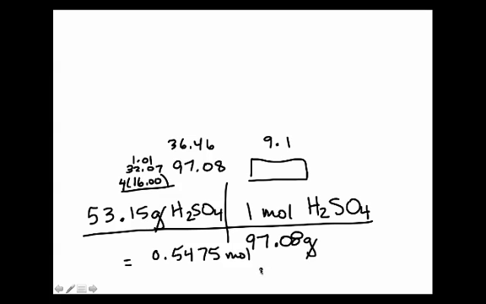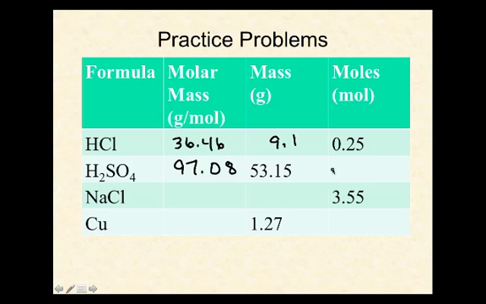We said it should be less than 1 mole, right? And it's almost half, because 50 is almost half of 97. Okay, so back to our little table, 0.5475. Okay, so we put that in our table, and we're on to the next row.